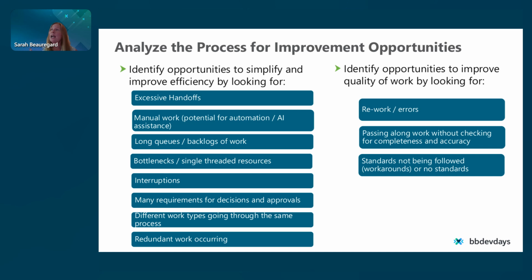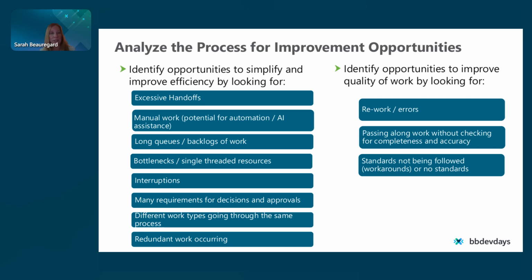On the next slide, Tiffany, just a few more suggestions, once you have your process mapped, on areas of opportunity to simplify for efficiency. So again, to streamline and make the process quicker, as well as ways to improve the quality. When we talk about efficiencies, if we have a lot of handoffs in our process, that creates complexity. It also creates delay typically, right?